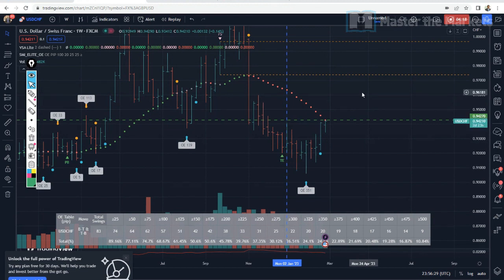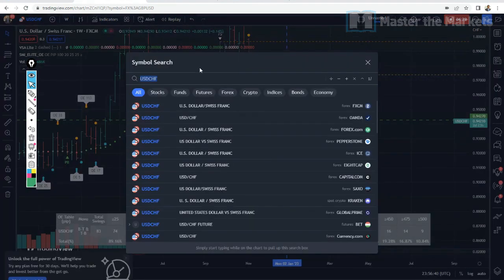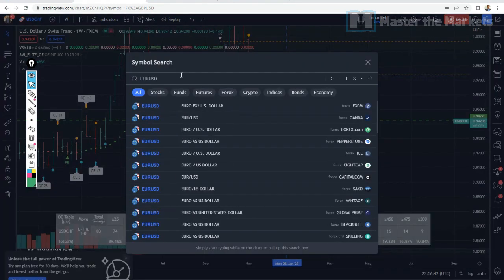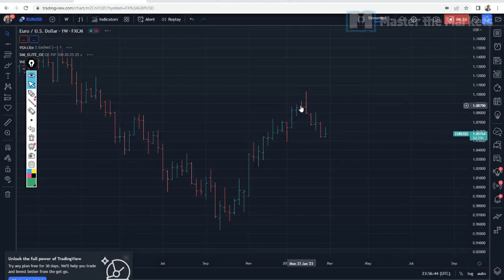Now, that's how we took this trade, and it's nearly coming to hit our target at 9427 on dollar Swiss. Then just a quick recap on euro dollar as well, on how we took that trade. On euro dollar, it's pretty much the same concept.